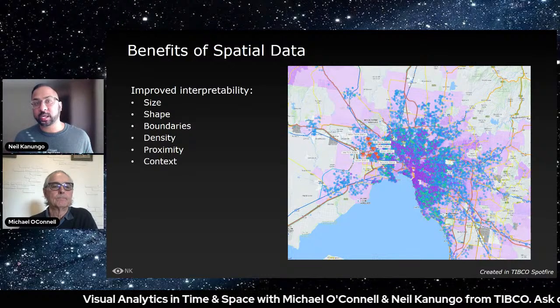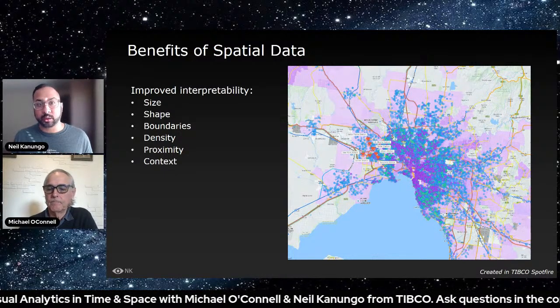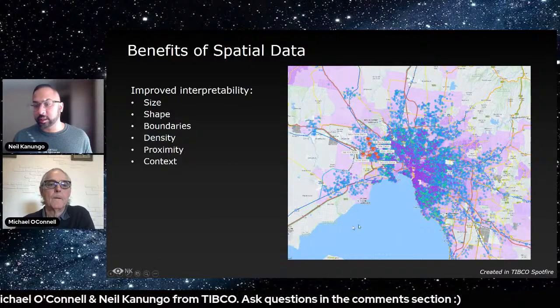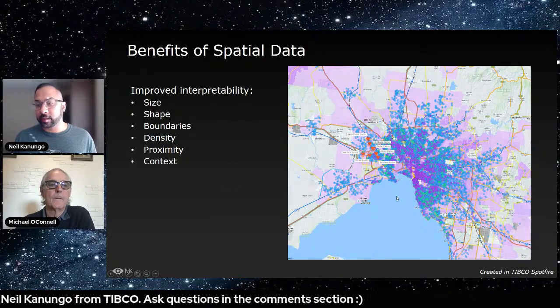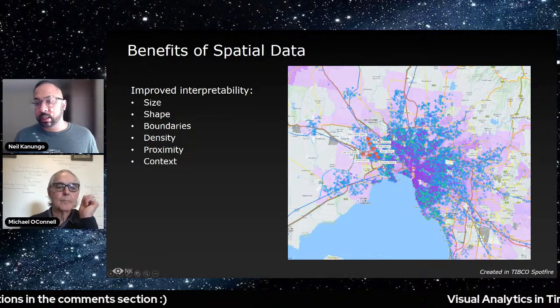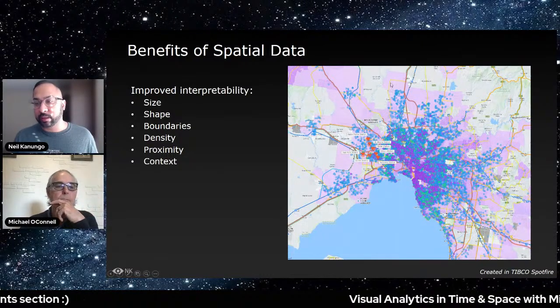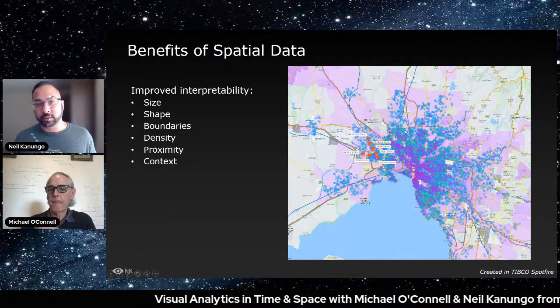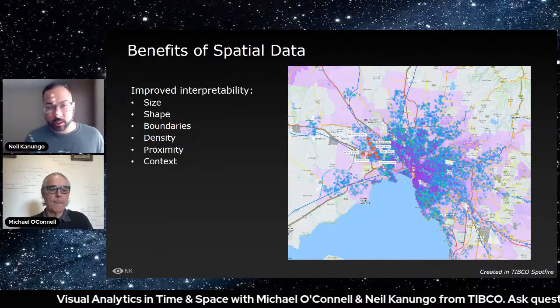There's just so much context you get from a map chart or a spatial chart. You're able to see the road networks, the water patterns, the water bodies that are around here, and the sizes of certain boundaries in certain regions. It's just so rich with what you can get with a spatial chart. It's one of my favorite charts to use.